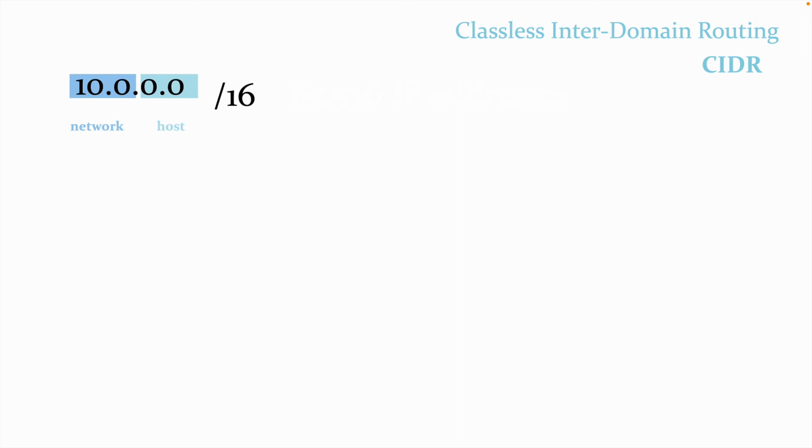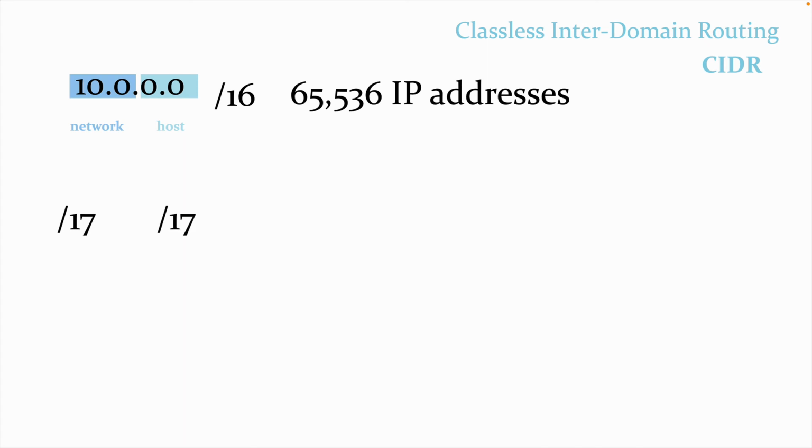So back to our 10.0.0.0/16, this is going to provide us a total of 65,536 IP addresses. And with CIDR, we can split up this IP address to create different networks. So we could split it up into 2 networks, which would be 2 /17s, or 4 networks, which would be 4 /18s.